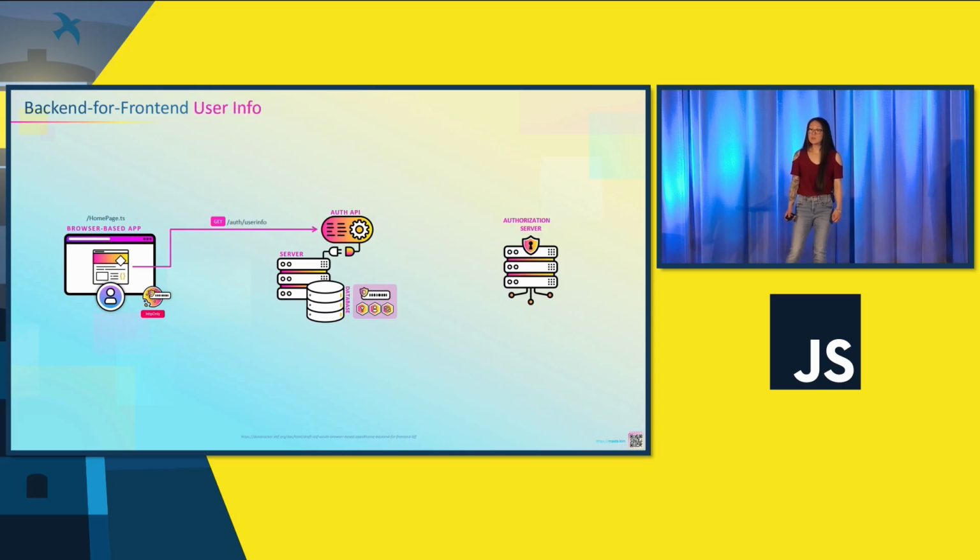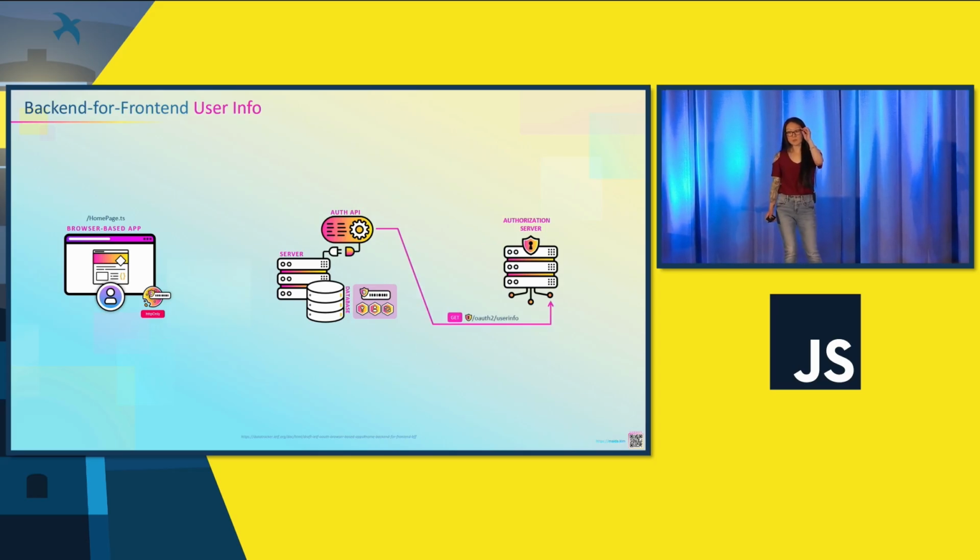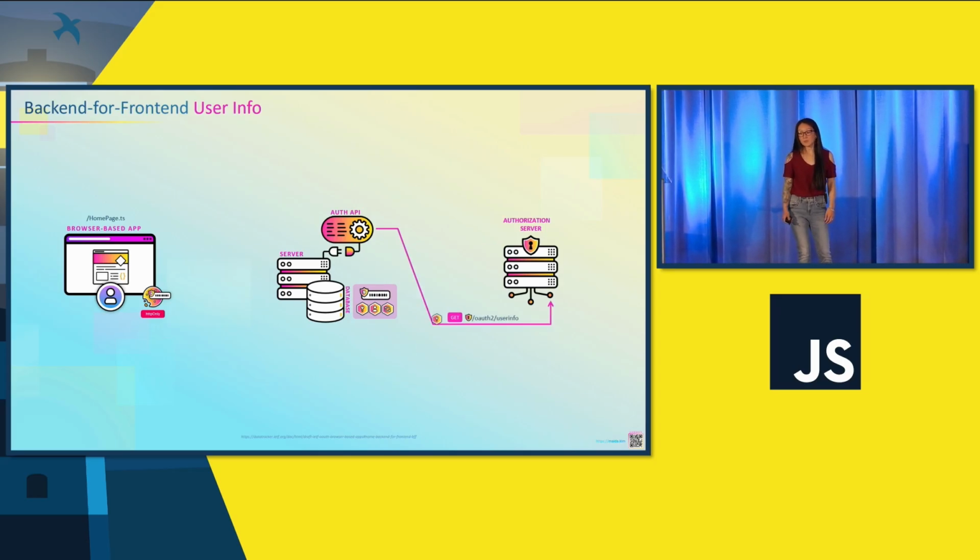When the app needs user info, it can call a user info endpoint on the backend with a session cookie. The backend looks up the user session, and then it can either decode the ID token to get the user info, or it can send a request to the authorization server's OAuth2 user info endpoint with the access token in the authorization header.